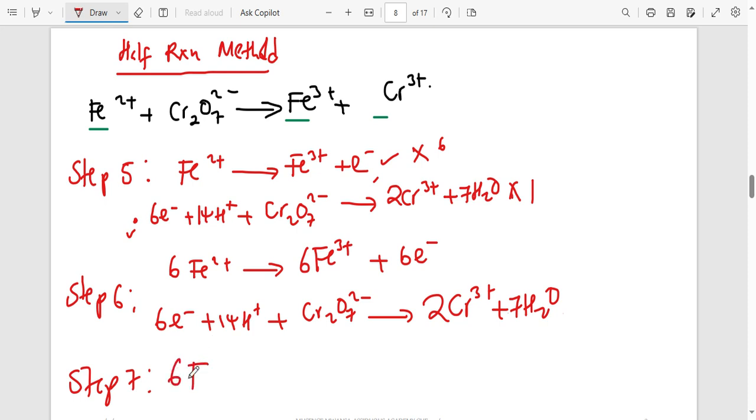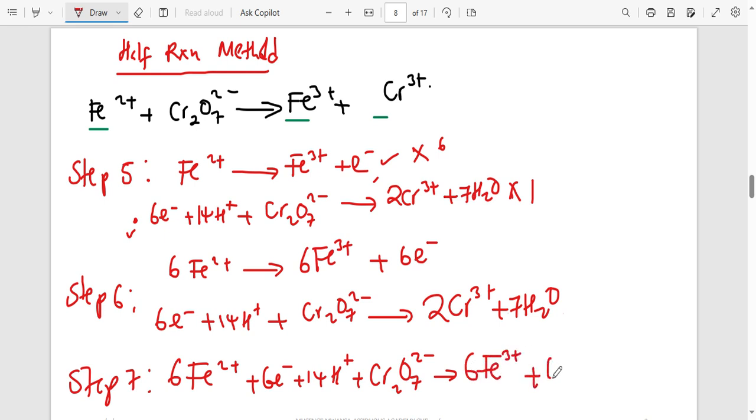So I'm going to have 6 Fe2 plus 6 electrons plus 14 hydrogen ions plus Cr2O7 2 minus, and that goes into 6 Fe3 plus 6 electrons plus 2 Cr3 plus 7 water molecules.